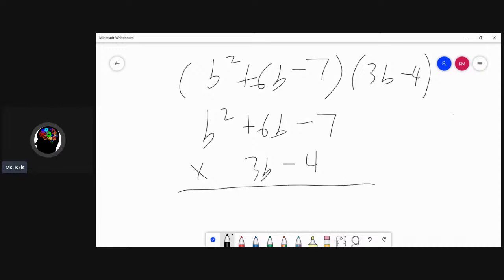Negative 4 times a negative 7 gives me a positive 28, so that's plus 28. Negative 4 times a positive 6b, that gives me a negative 24b.